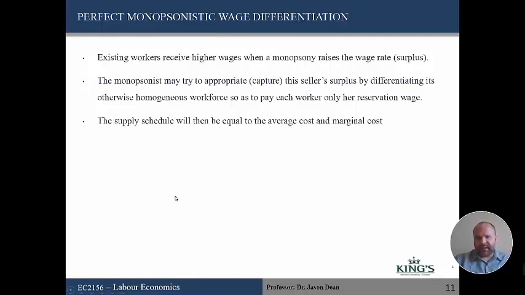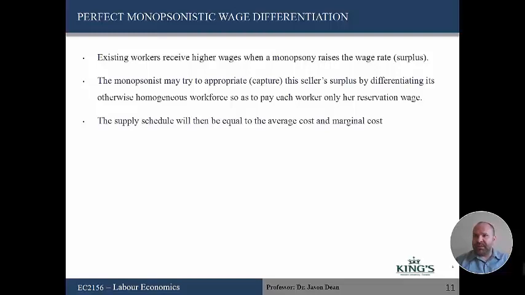Okay, so if that's the case, then the supply schedule will be equal to not only the average cost but also the marginal cost, because if they want an extra worker, they would just have to pay that worker the higher wage to entice them to work.